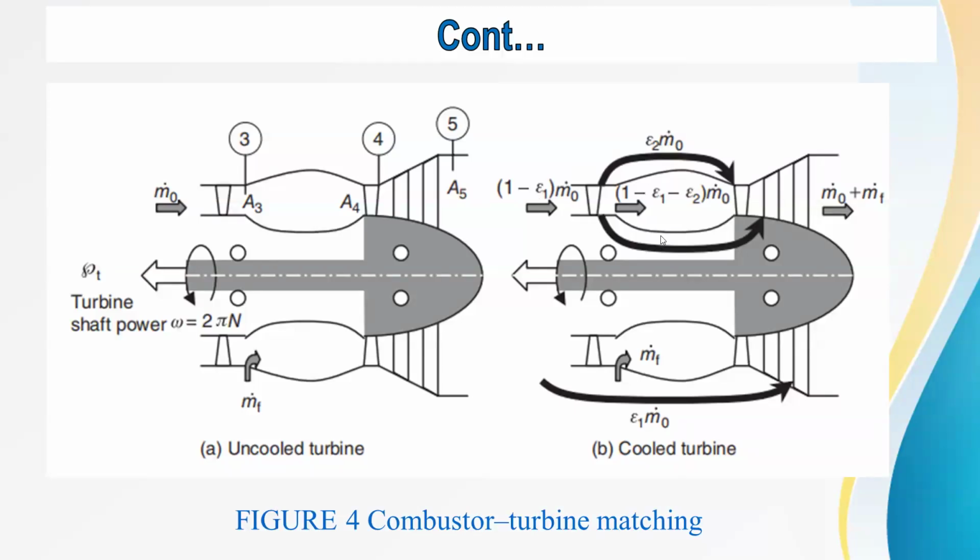Within the combustion chamber, you can find 1 minus zeta 1 minus zeta 2, the whole times mass of air. The remaining mass of air, zeta 2 m naught, is cooling the system. Here also zeta 1 m naught is cooling the high pressure turbine, and the high pressure and low pressure turbines are cooled with zeta 1 and zeta 2. So this helps cooling.